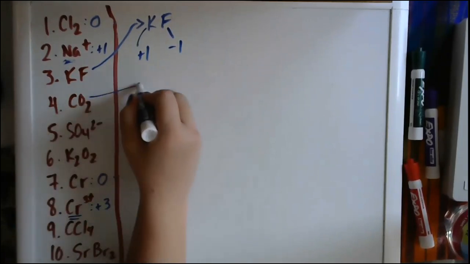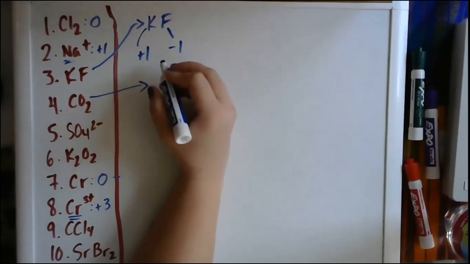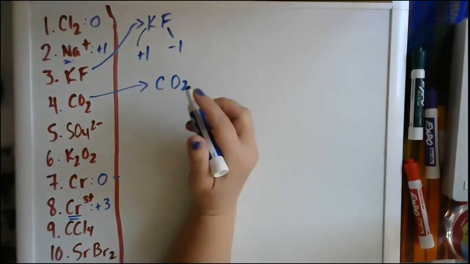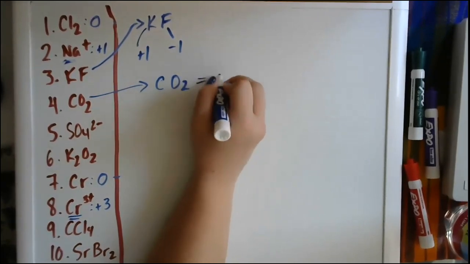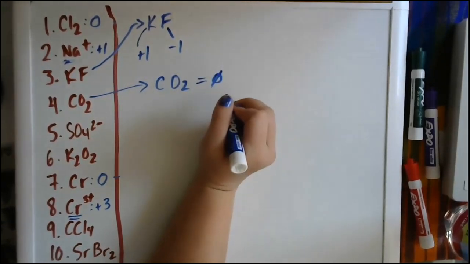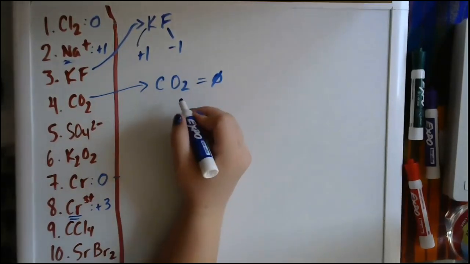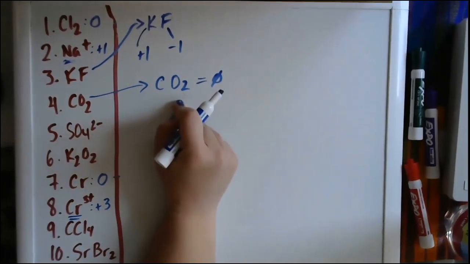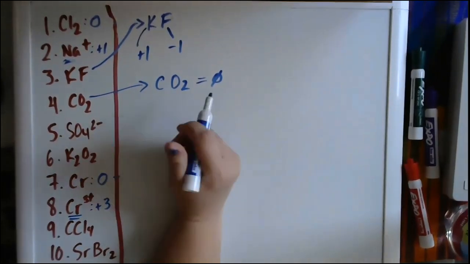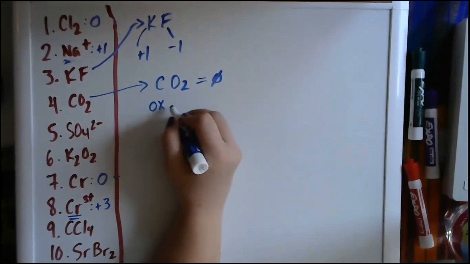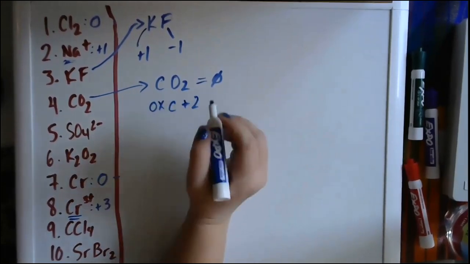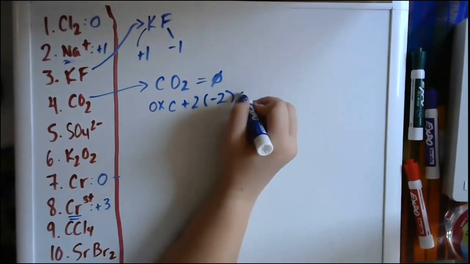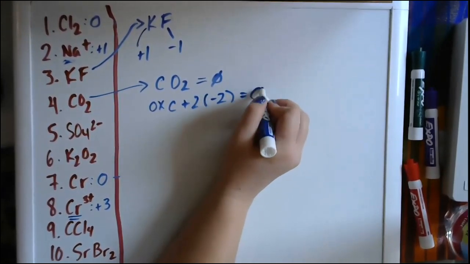Okay. For CO2, again, it's a neutral compound, so we know that when we add the oxidation states up, it's going to equal 0. We also know, between the 2 of these, the value of the oxidation state of oxygen. So we're going to have the oxidation state of carbon plus 2 times the oxidation state of oxygen, which is -2. When we add those together, we're going to get 0.